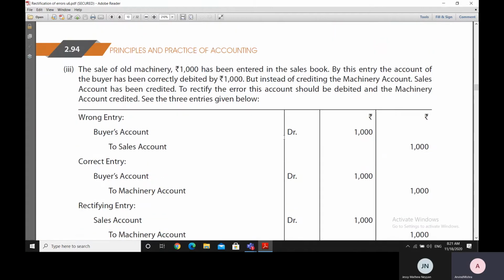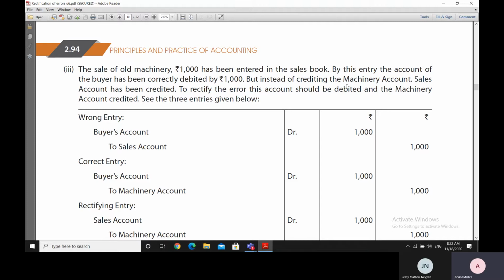Let us take one more example. An old machinery has been sold for 1,000 rupees, but the sale has been entered in the sales book by mistake. By this entry, the account of the buyer has been correctly debited, but the credit which is going into the sales book should have gone to the machinery account.